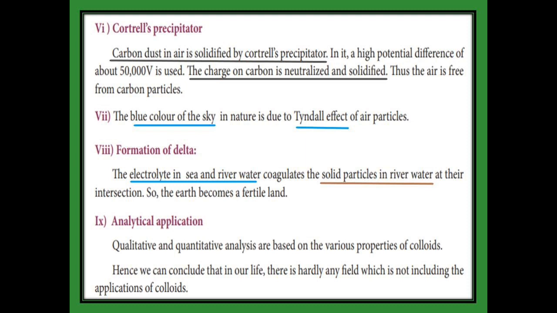So formation of delta is also because of this colloidal effect. The earth becomes a fertile land because of this formation of delta. An analytical application: for the qualitative and quantitative analysis, we are using the properties of colloids only. Based on the properties of colloids, the qualitative and quantitative analyses are held.